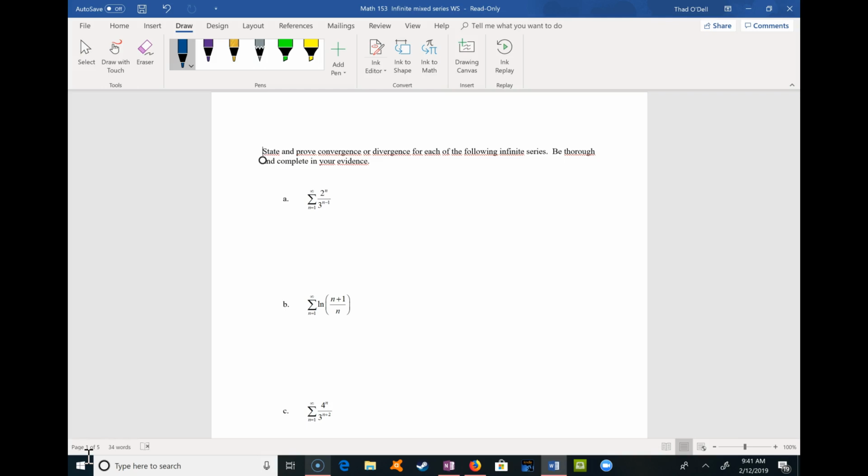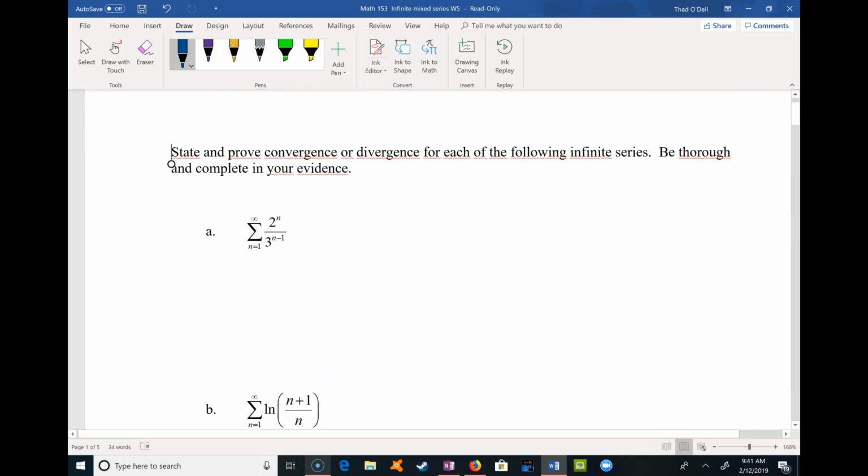Okay, so the first one, I just look at that and think, oh, that looks like a geometric series of sorts. We probably want to rewrite it like this, running from 1 to infinity. Since there's one extra factor 2, I can pull that out, and then this will be 2/3 to the n. So just by rearranging a little bit, we can see clearly, I'm sorry, not to the n minus 1.